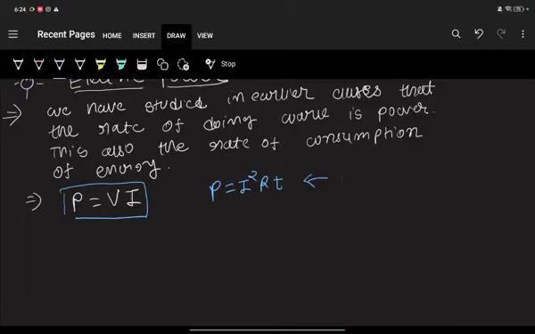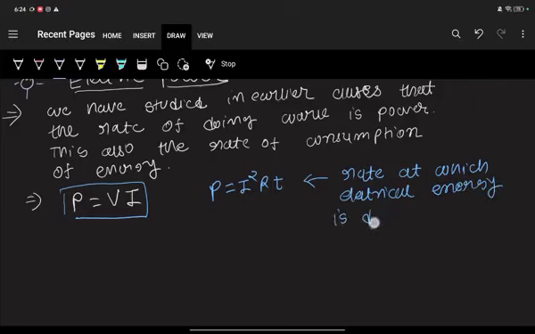The rate at which electrical energy is dissipated or consumed in the circuit.